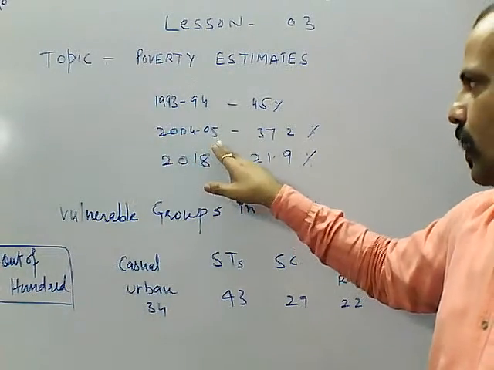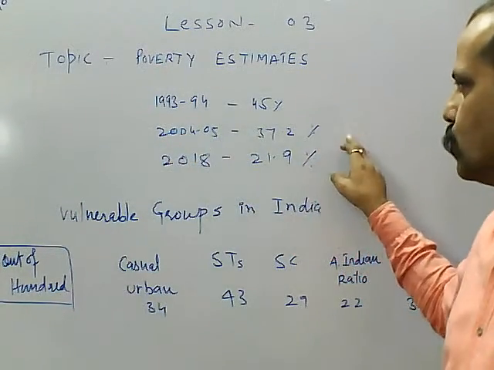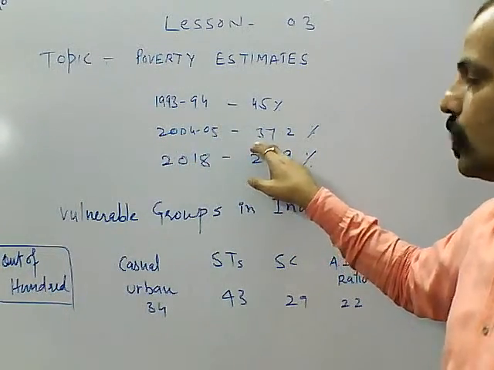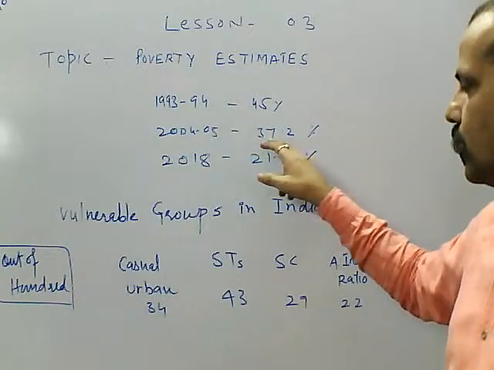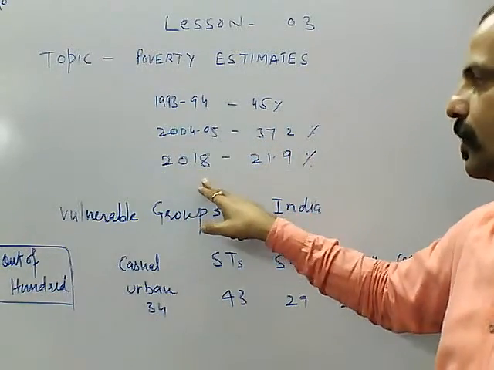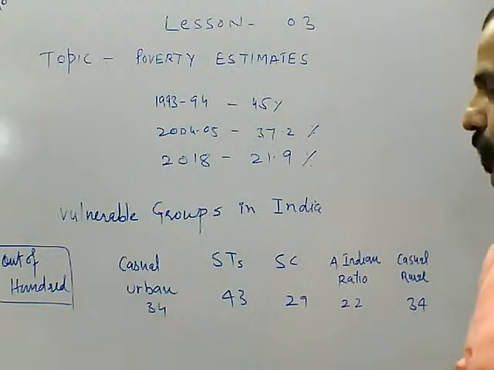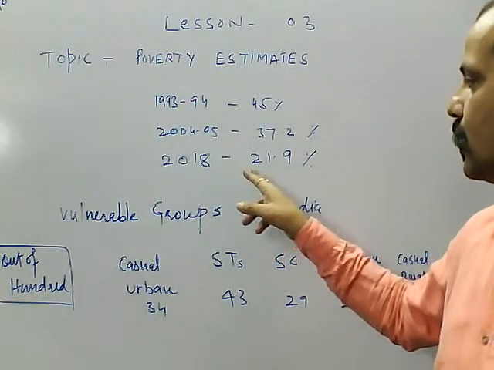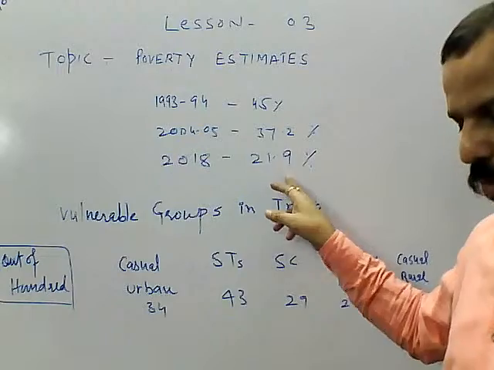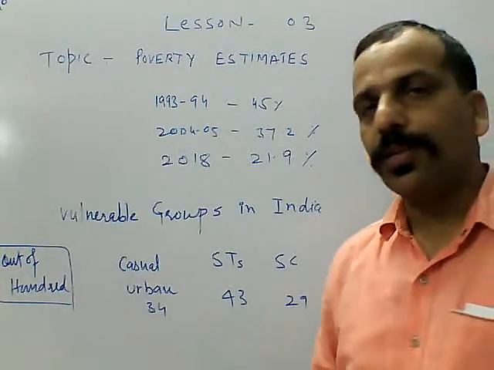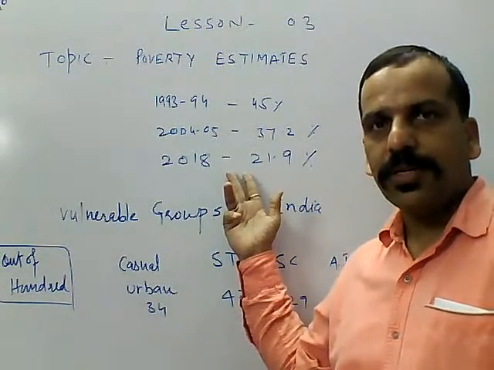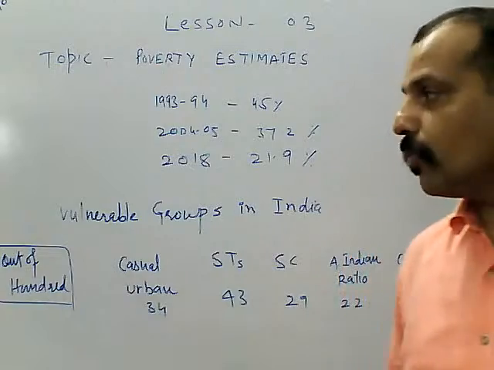In 2004 and 5, this data reduced to 37.2. And if you see the latest one, in 2018, 21.9% of people are living below the poverty line.